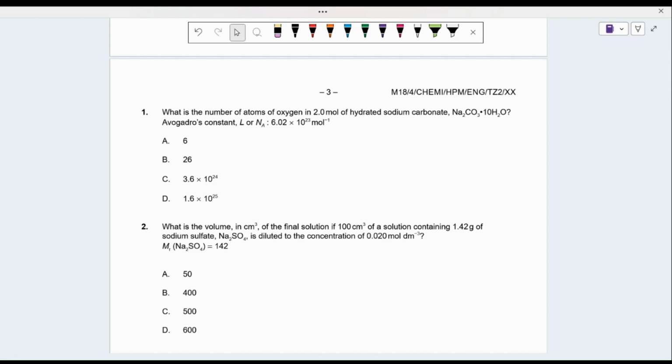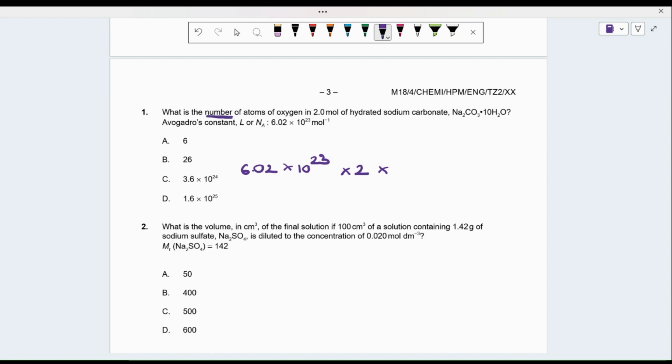So this is a very typical question: number of atoms of oxygen in 2 moles of a compound, and you're given the Avogadro's constant. So what we do here is we take the Avogadro's constant and times it by the mole, in this case 2 mole.